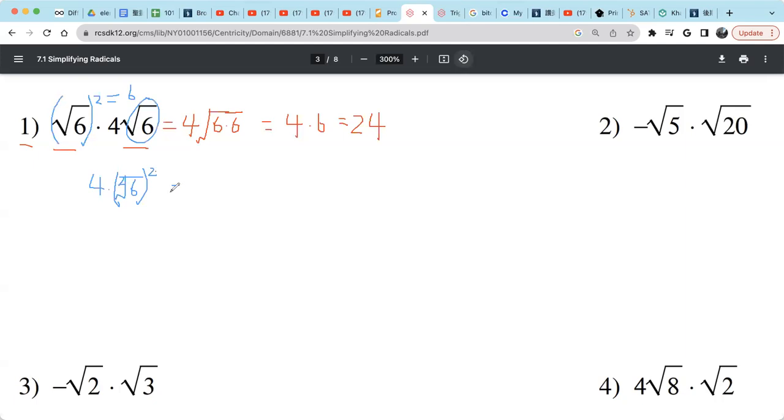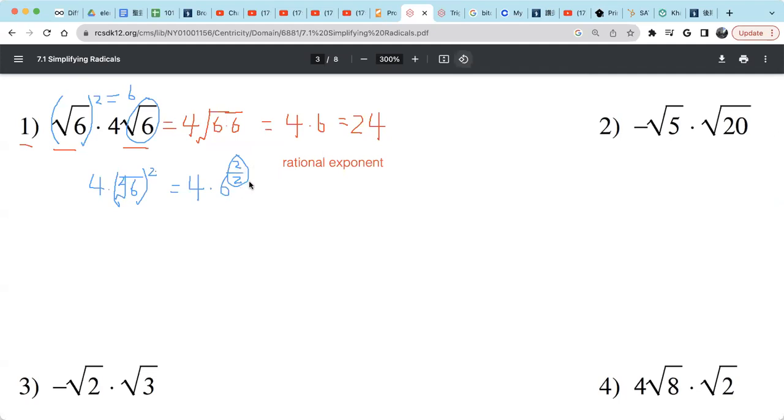Remember how we read a rational exponent? 4 is just 4, we keep writing it. And the radicand 6 is raised to the power 2, with an index 2. We call this a rational exponent. Rational means a fraction, which means the numerator is an integer and the denominator is also an integer.